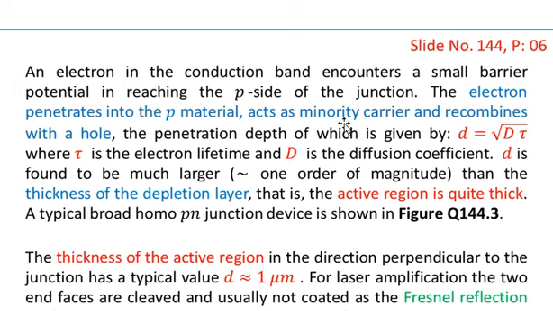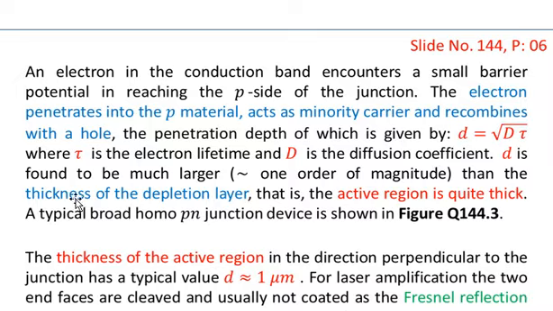You see that here the electron penetrating into the p-type material will act as a minority carrier and recombine with a hole, the penetration depth of which is given by d, the depth of penetration, d equal to the square root of D times tau, where tau is the electron lifetime and D is the diffusion coefficient.